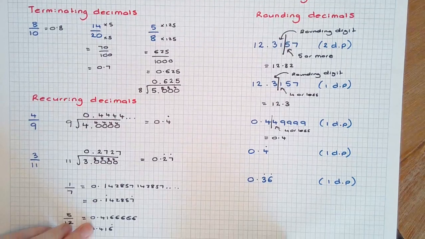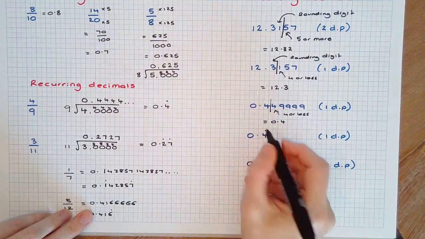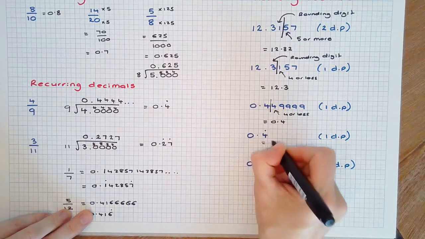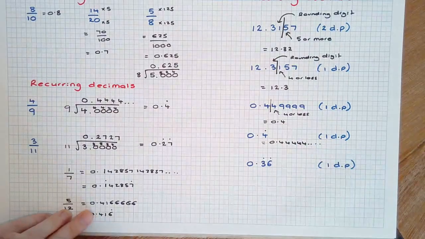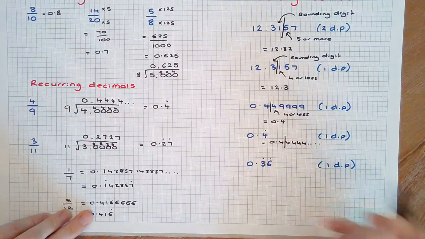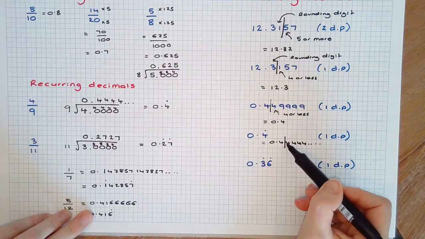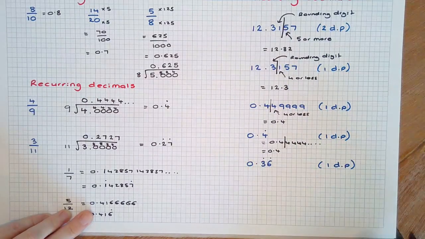Now these rounding techniques also work with reoccurring decimals. 0.4 with a dot indicates that this number is 0.44444 continuing indefinitely. If we want to round to 1 decimal place, we can see that the digit after the rounding digit is 4 or less, so we can simply ignore and round to 0.4.